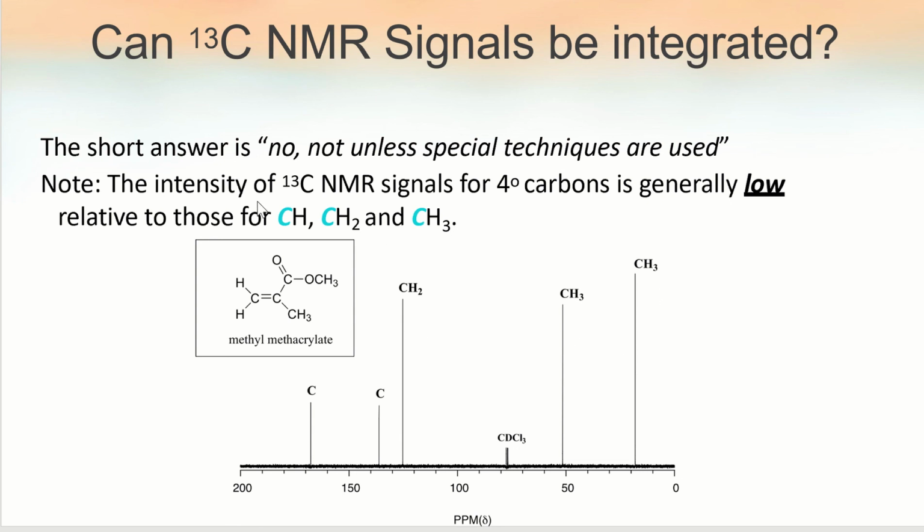So just to mention, our quaternary carbons have a lower intensity than our CH2 and CH3.